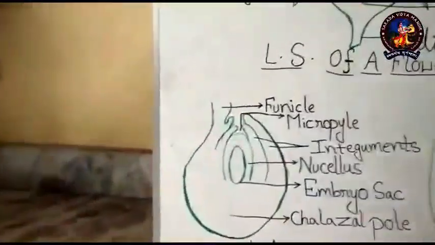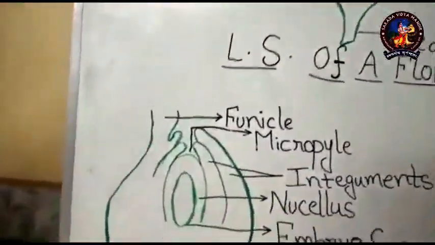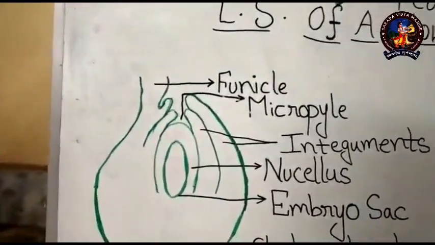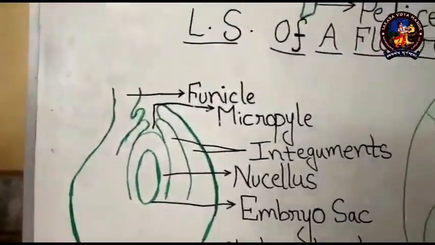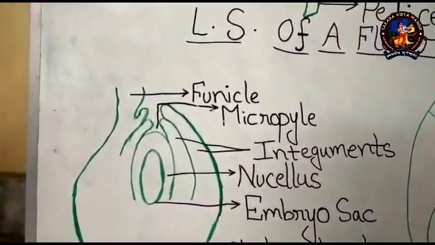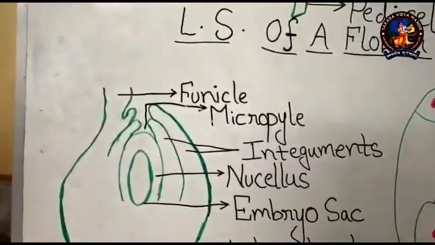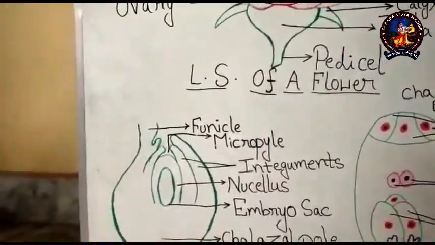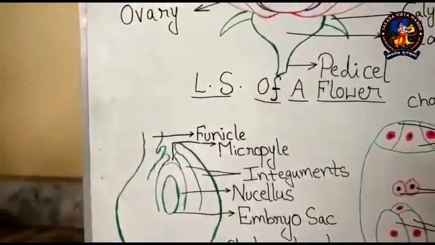Now there are various stages which take place inside the ovule, the changes which happen in the embryo sac. In a typical angiospermic flower, the formation of the megaspore takes place from the nucellus cells.